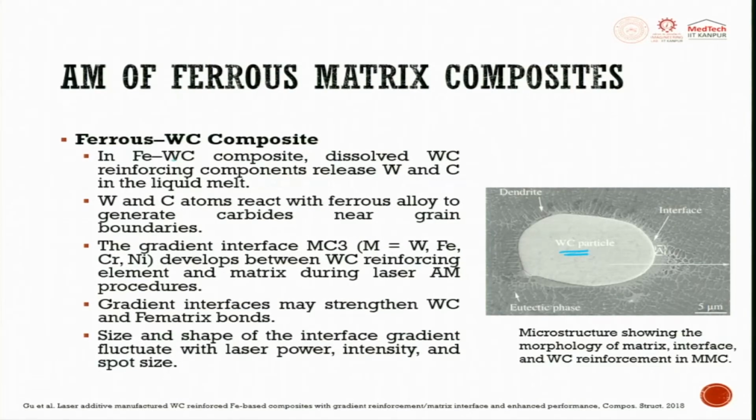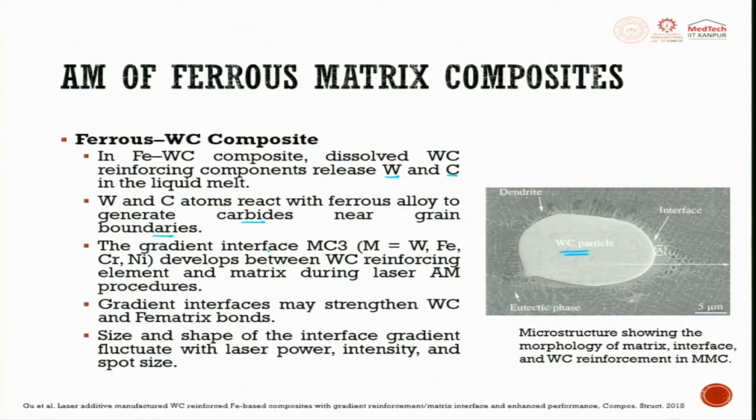In the iron tungsten carbide composite, the dissolved tungsten carbide reinforcing component releases tungsten and carbon into the liquid metal. Tungsten and carbon atoms react with alloys to generate carbides near the grain boundary.